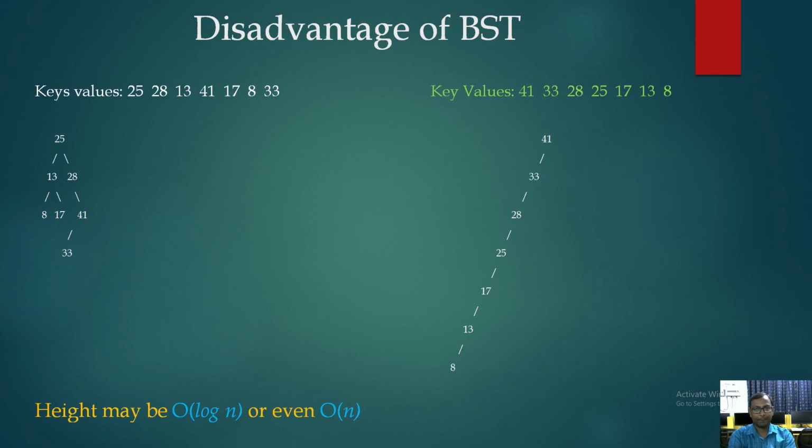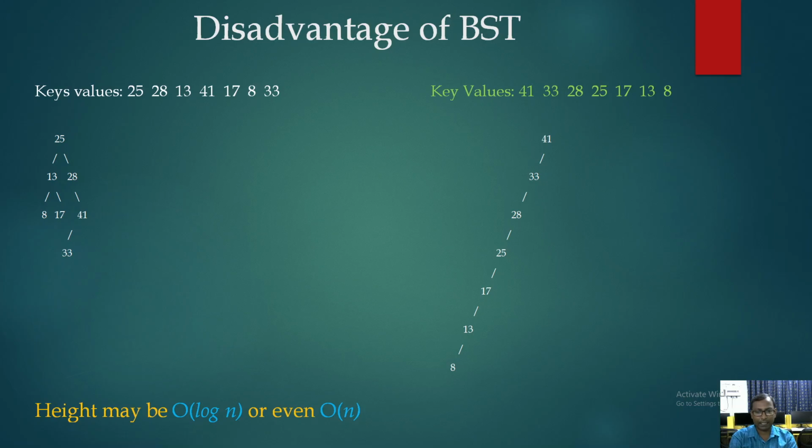And the last one is the disadvantages of binary search tree. The main disadvantage of binary search tree is that we cannot control the height, as the binary search tree is an ordered tree. The height basically depends on the order of the data elements, right?